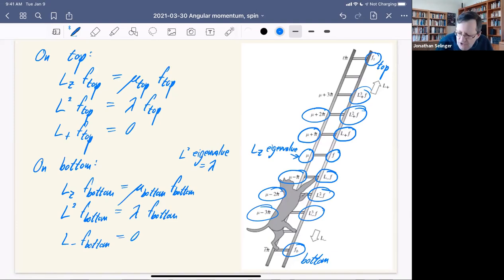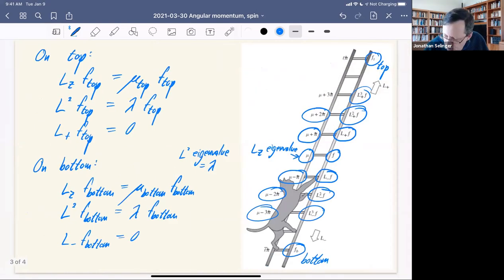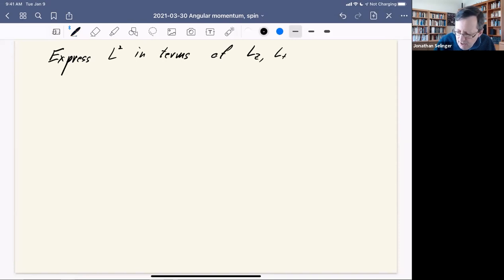Okay, so whoops, that comes later. A good trick with operators would be to express L squared in terms of LZ and L plus and L minus, right?